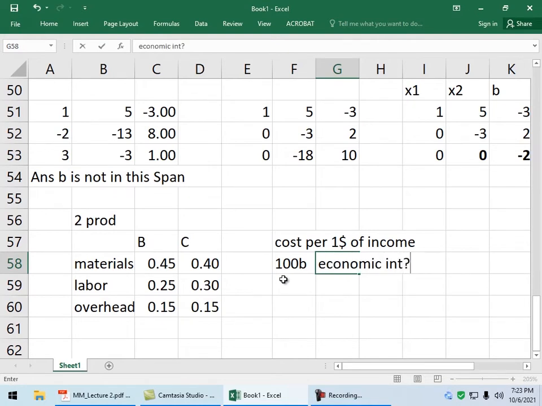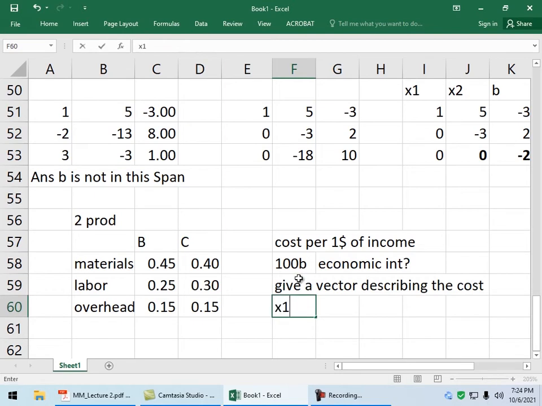Vector B is this one, 3 elements. And the second question, suppose the company wishes to manufacture x1 dollars worth of product B and x2 dollars worth of product C. Give a vector describing the cost, x1B, x2C, something like that.